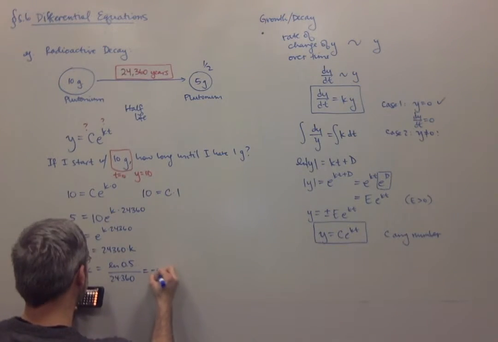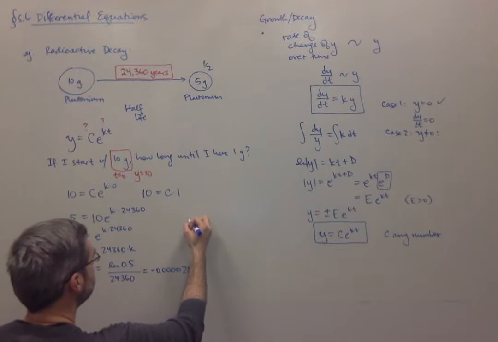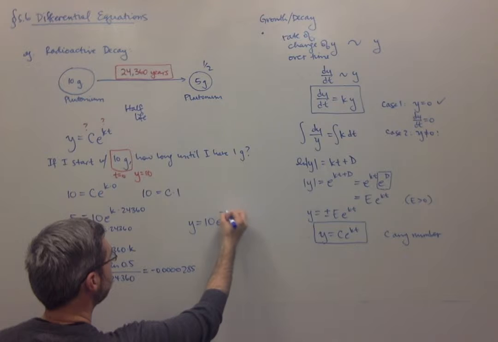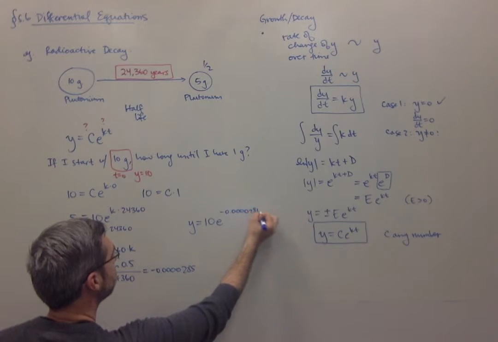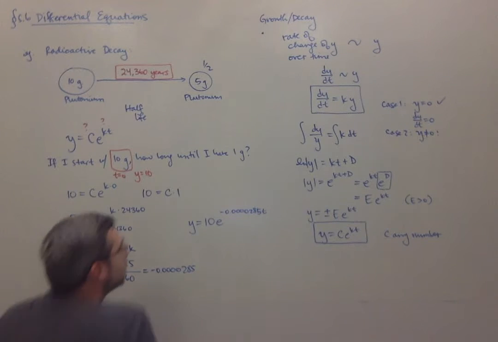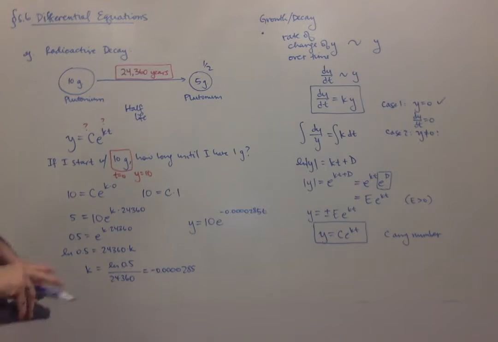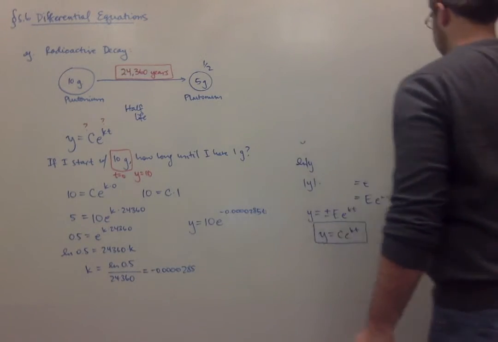So it's negative 0.0000285. Let's just leave it like that. So my equation right now is y equals 10 e to the negative 0.0000285 t. Okay. So that's my equation for this plutonium problem.